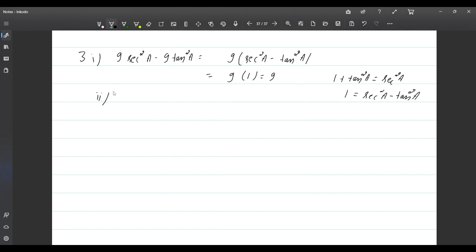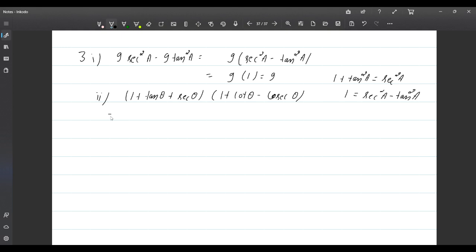1 plus tan theta plus sec theta into 1 plus cot theta minus cosecant theta. We have to determine this.